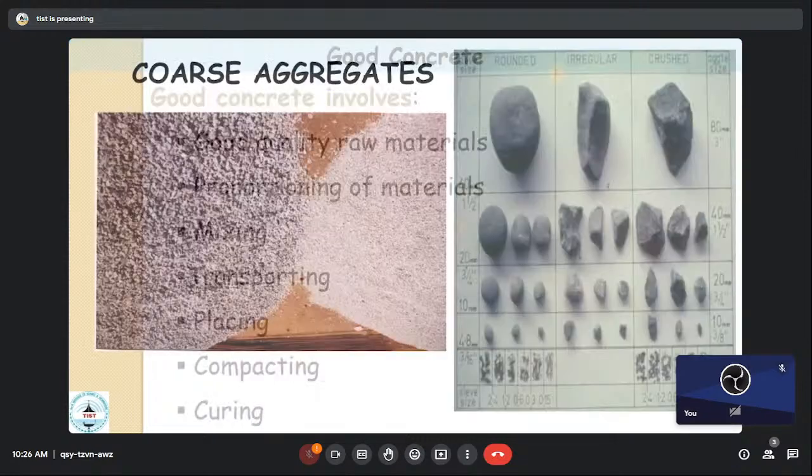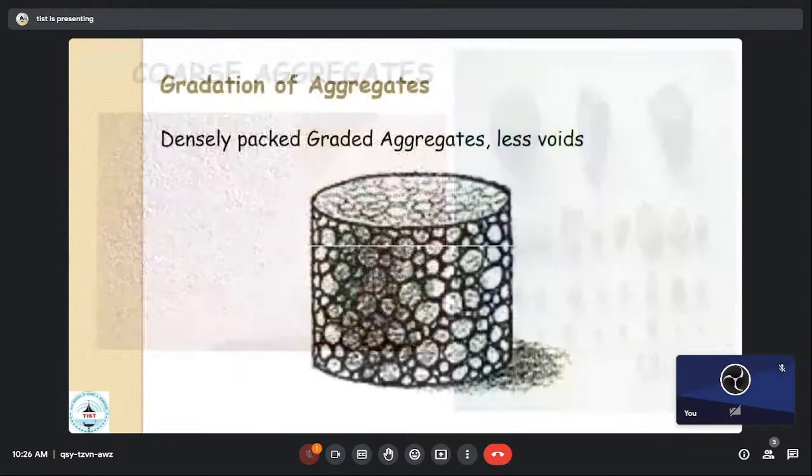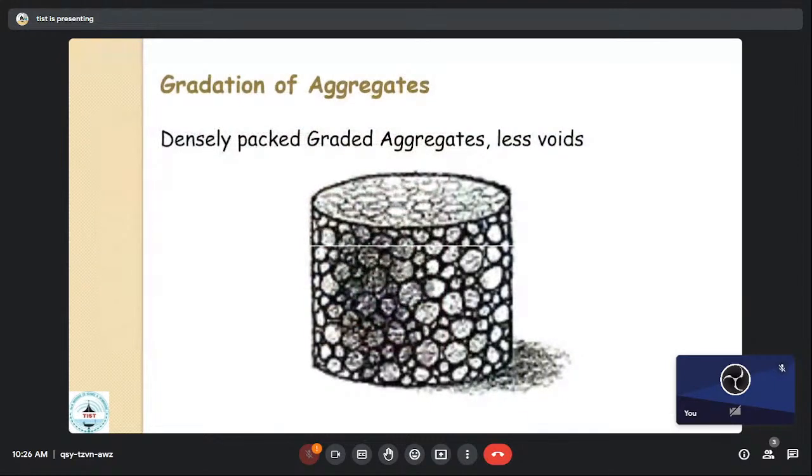Now the coarse aggregate and fine aggregate determine the quality of the concrete, especially the selection of aggregates. So in the normal sense, please understand this is a YouTube stream, so behave properly in the class. Okay? And you will understand that with coarse aggregates there would be voids in between.